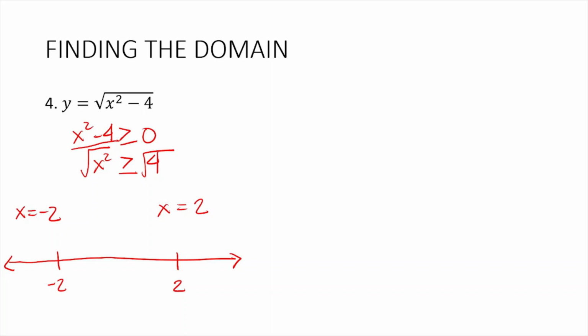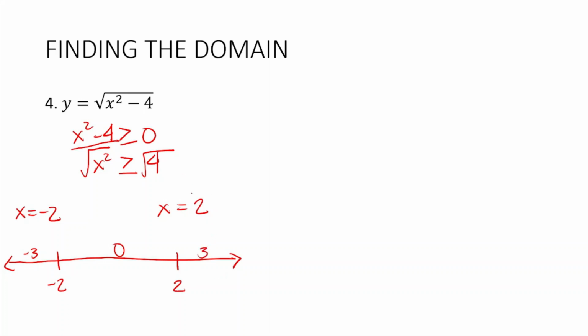Okay, so for this region on the left hand side, negative infinity to negative 2, we can choose, for example, the test value negative 3. From negative 2 to positive 2, let's say 0. And from positive 2 to positive infinity, let's choose positive 3.